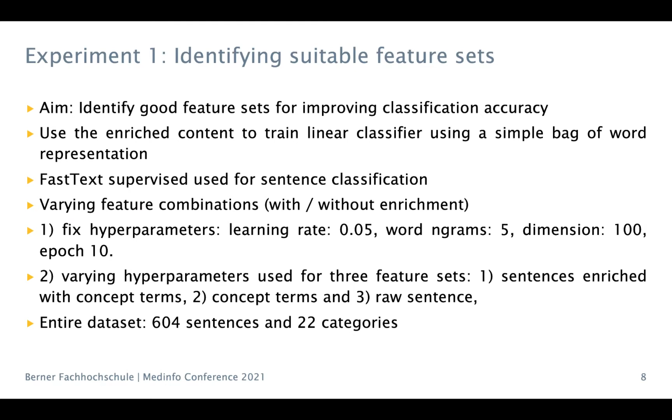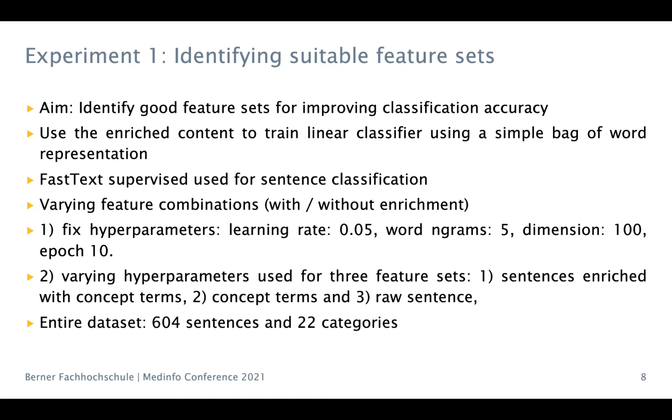I ran 2 experiments. The first one aimed at identifying suitable feature sets. So I assessed different feature sets, enriched and non-enriched, and different combinations of features, and assessed the classification accuracy. For sentence classification, I used the fastText supervised algorithm, and I did 2 types of experiments.